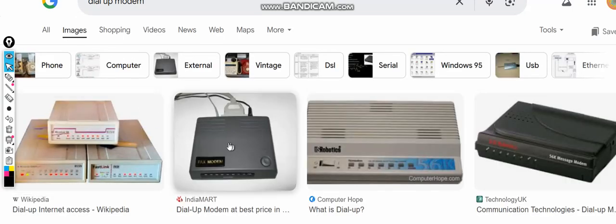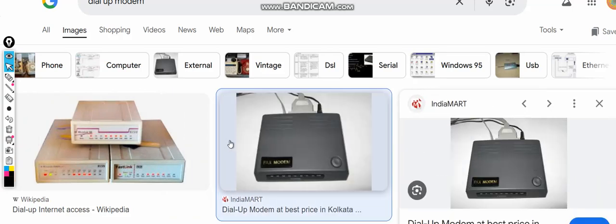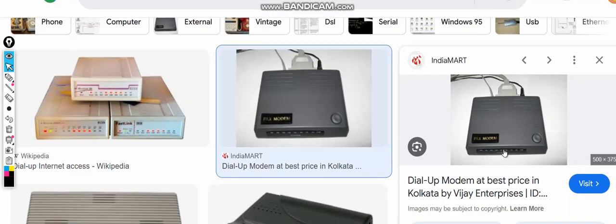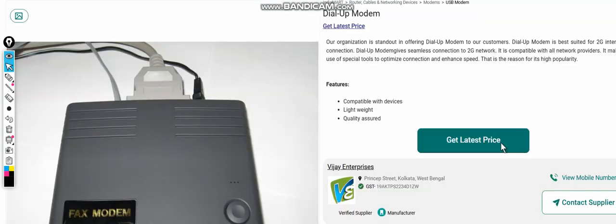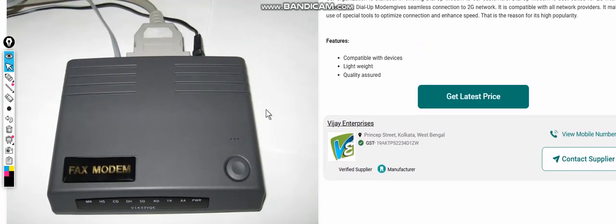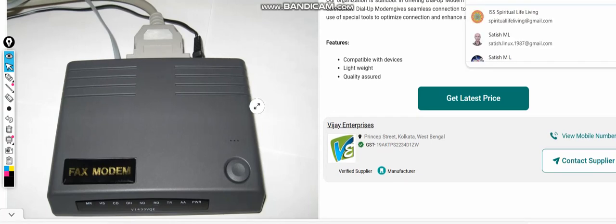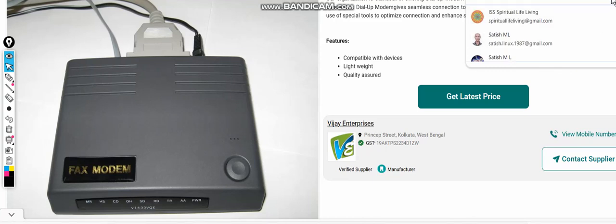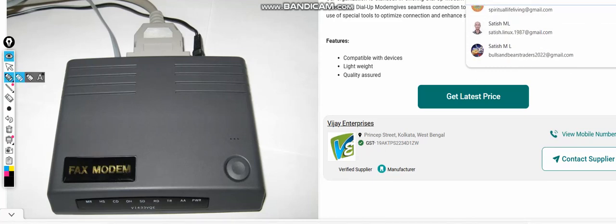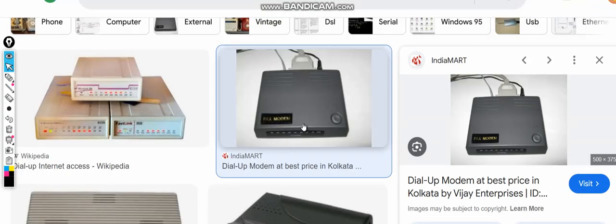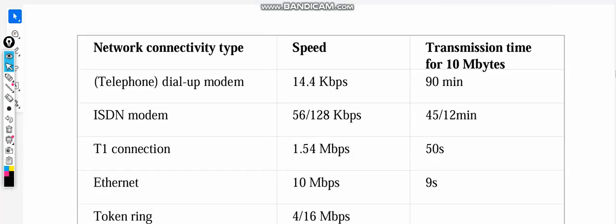So this is a dial-up modem, which is usually used in telephones. The speed is 14.4 kbps and the transmission time for 10 megabytes is 90 minutes.